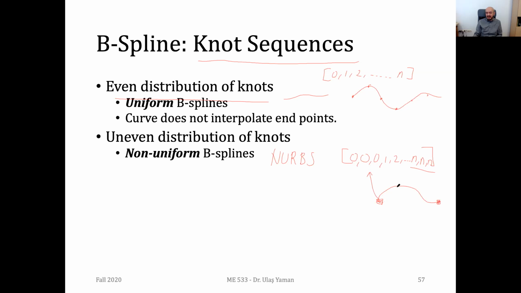If it's a cubic type of spline, you need to have 3 zeros at the start and 3 n at the end of this sequence.